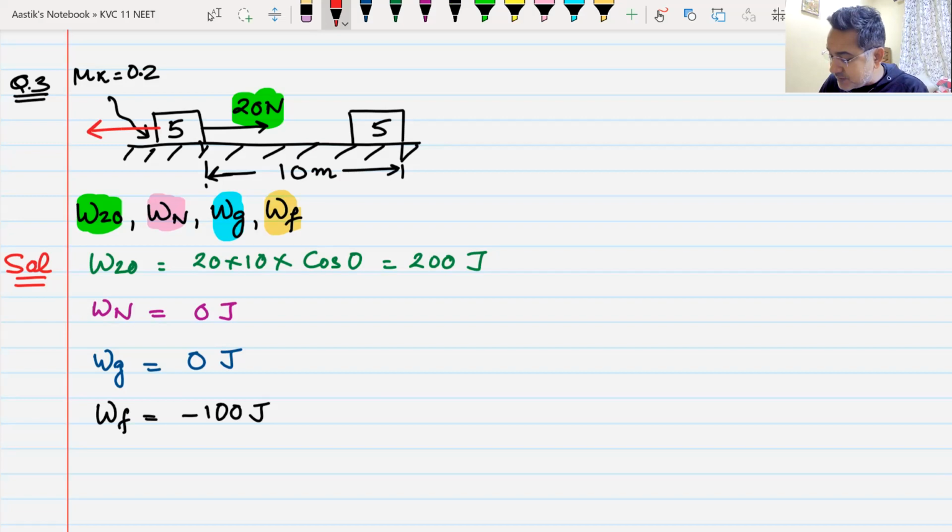So 50 multiplied by 0.2 becomes 10 newtons. So the work done by friction is 10 newtons multiplied by 10 meters multiplied by cos of the angle between displacement and force, which is 180 degrees. So 10 into 10 into minus 1, and the answer is minus 100 joules.